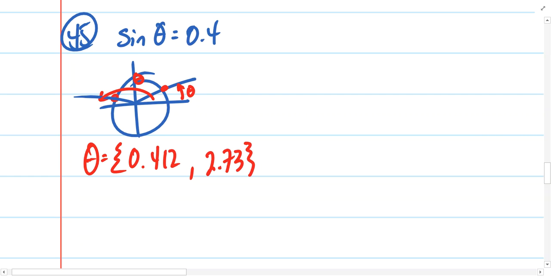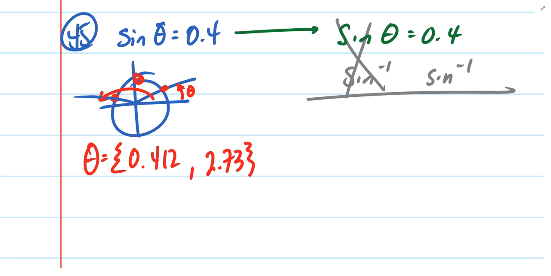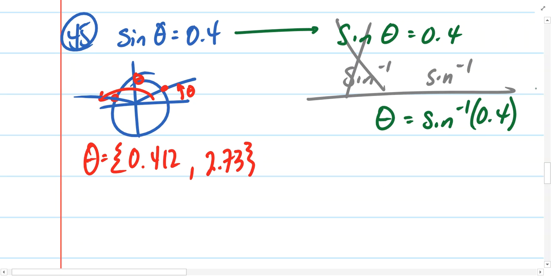Now, if you need more precision than that, these are only 3 decimals and 2 decimals respectively, then you could also keep in mind that with sine theta equals 0.4, if I apply sine inverse to both sides of the equation, that's going to allow the sines to cancel here, and we'd be left with theta equals whatever sine inverse of 0.4 is.